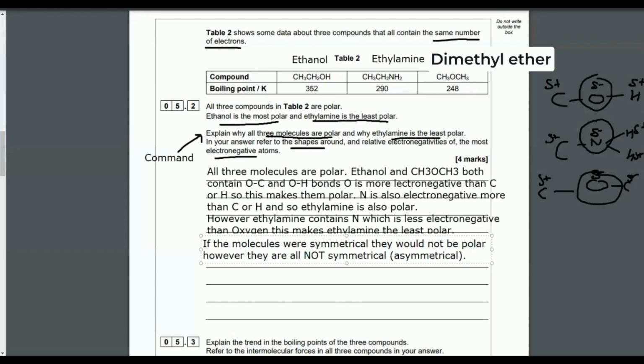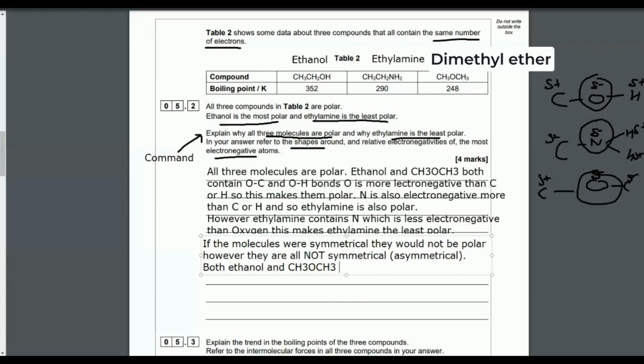We now lead into discussing their shapes. So, both ethanol and I'm just going to call it CH3OCH3 because I can't be bothered to name that one. And you should do the same. If you can't work out the name of any of these, just refer to it by how they've shown the structural formula in the table.